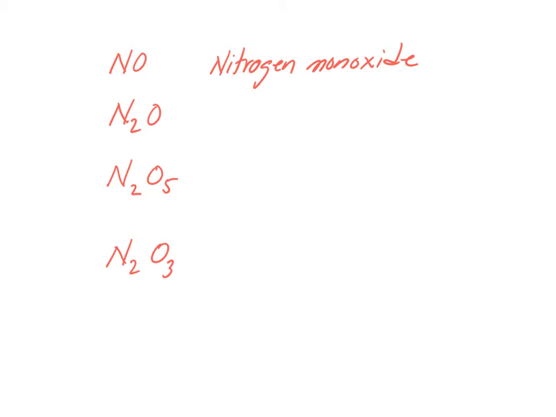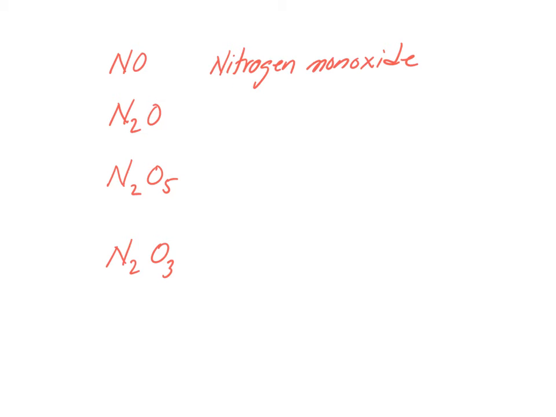So nitrogen, which is there, and oxygen, okay, we're kind of following the same scheme that we used in ionic compounds, but with a little bit of a twist, okay? So I'm counting the number of oxygens there. If there's only one nitrogen, as there is here to start with, I'm just going to say nitrogen.